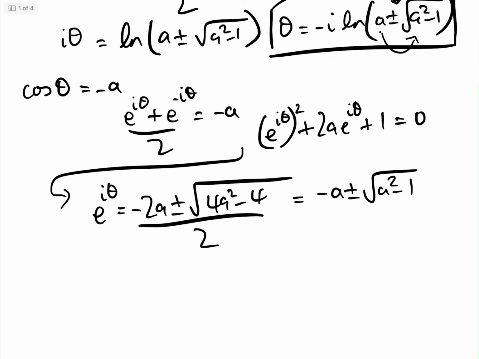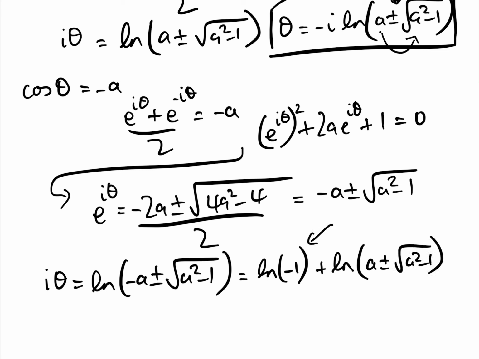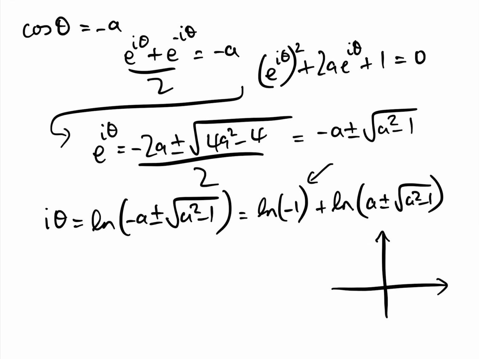Here is where we get a little bit more tricky. Taking logs, we now get i theta is equal to log of minus a plus or minus root a squared minus 1, and that equals log of minus 1 add log of a plus or minus root a squared minus 1. What we've done is we've taken the minus 1 out of there. Now we have to work out what the log of minus 1 is. If we look at a quick Argand diagram, here is minus 1, so that is pi. So minus 1 is e to the i pi, therefore the log of minus 1 is i pi.